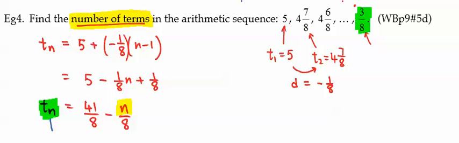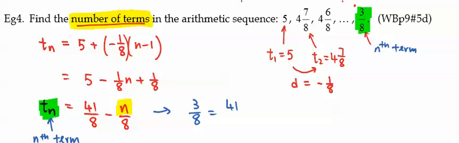So in this case, I can consider Tn as the nth term in my sequence and substitute this nth term into my formula. So in this case, we will try to solve for this.